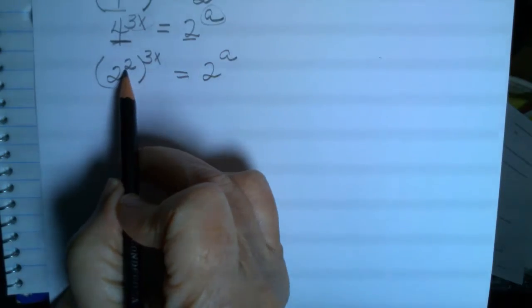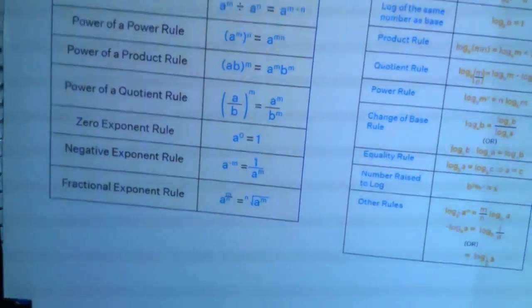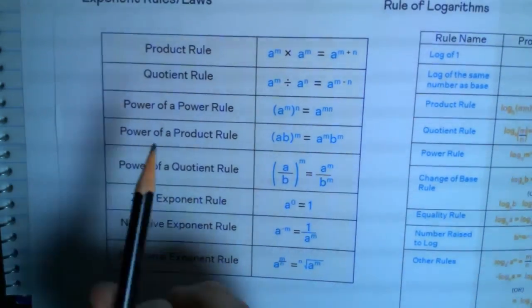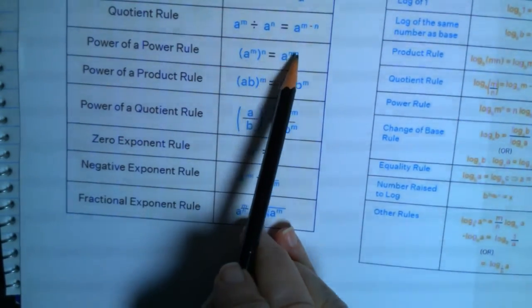When you raise a power to a power, now I'm using my exponent rules. And again, these should be in your notes, or you can use the Quizlet study set that I have built for you. Here are our exponent rules. When you raise a power to a power, you multiply those.